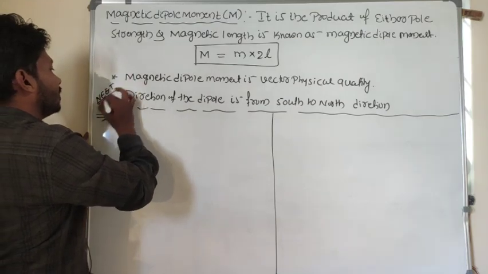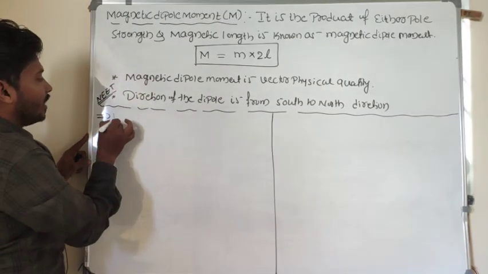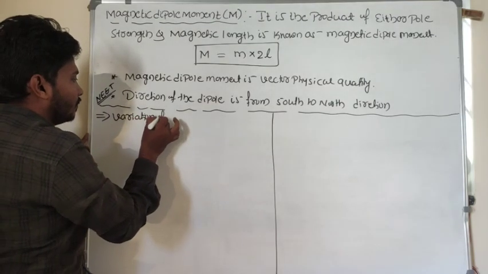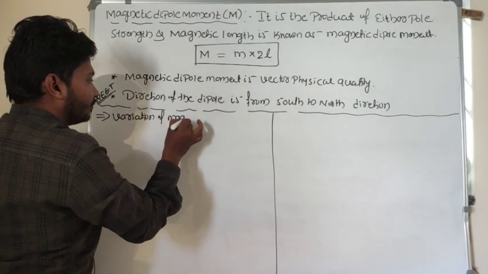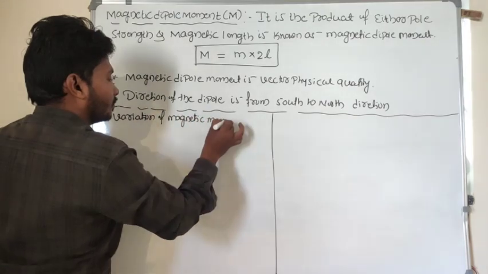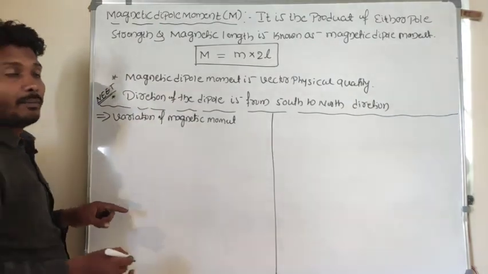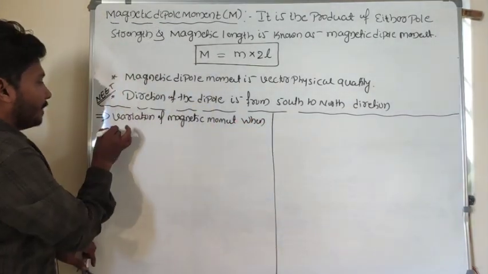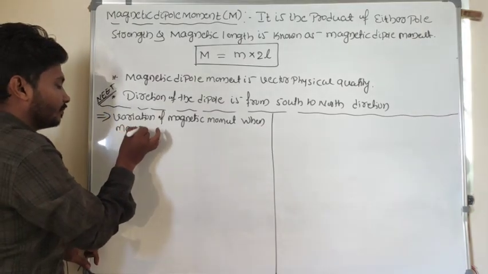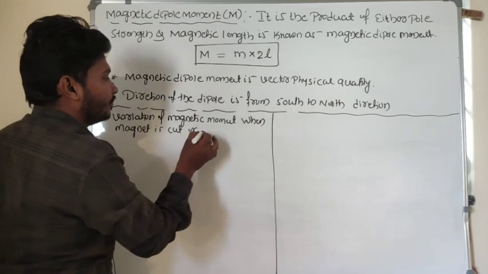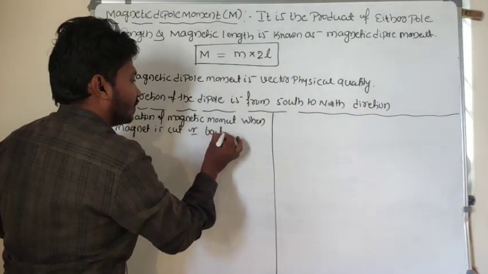So what are the applications we'll have here? Variation of magnetic moment when magnet is cut or bent.